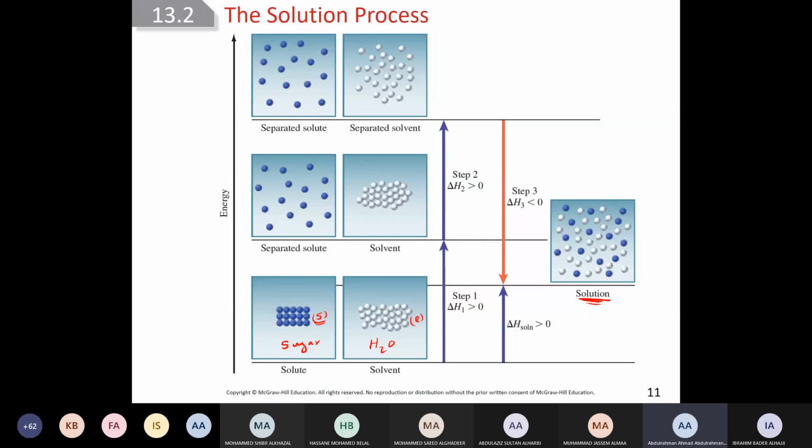Is this an exothermic or endothermic process? Breaking and making, always keep this in mind. Breaking bonds is... Which one is exothermic, which one is endothermic?